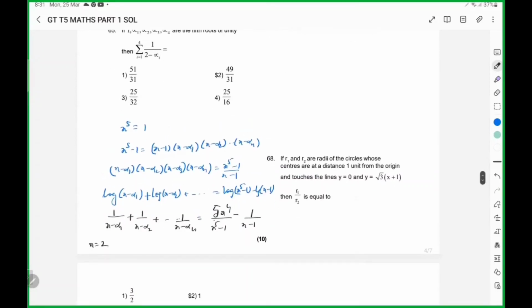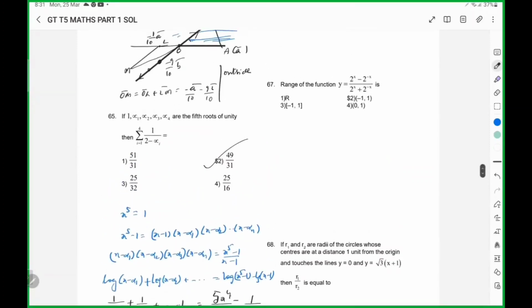Substitute x as 2, then LHS is 1 by 2 minus alpha i, i from 1 to 4. 2 power 4 is 16, 80 by 32 minus 1, 2 minus 80 minus 31, 49 by 31.